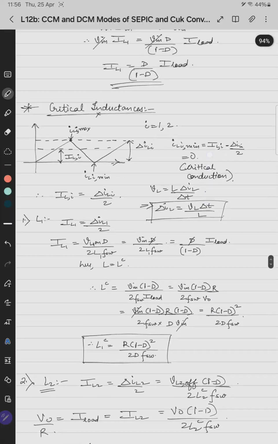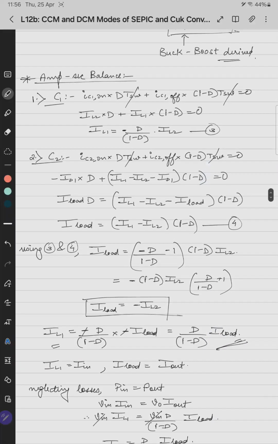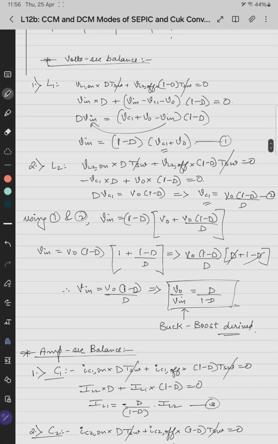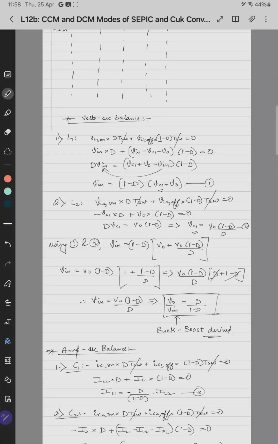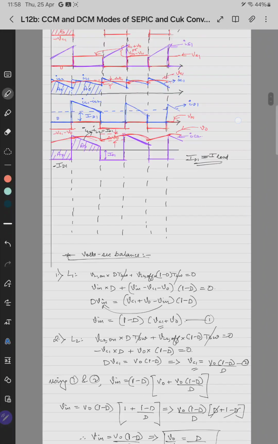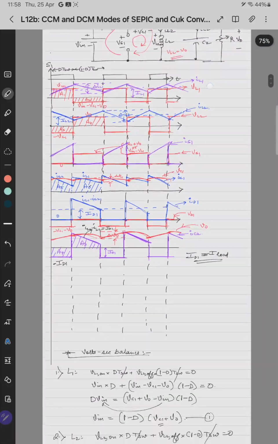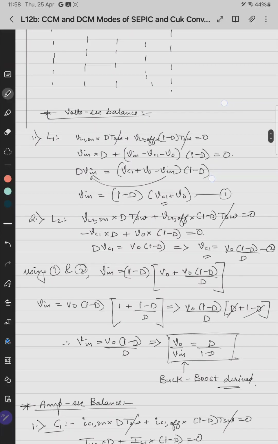During the volt-second balance, we have written the expression of V0 by Vin as D by 1 minus D. So we'll quickly write the value of VC1 in terms of Vin and V0 from this expression.